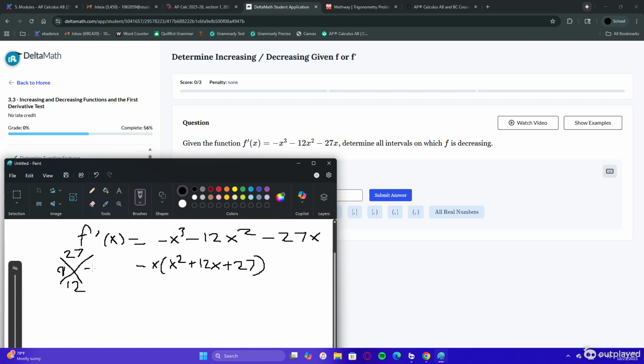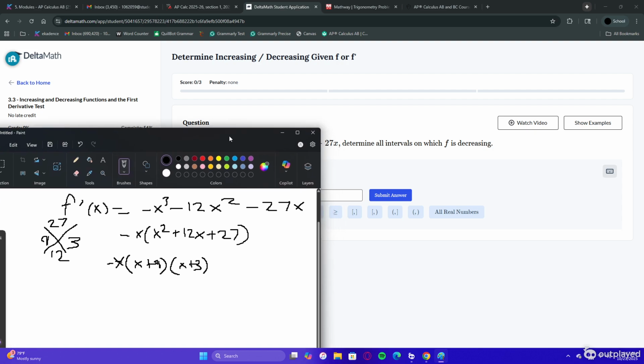So fully factoring it out, it looked like x plus 9 and x plus 3. So x would be 0, negative 9, and negative 3.